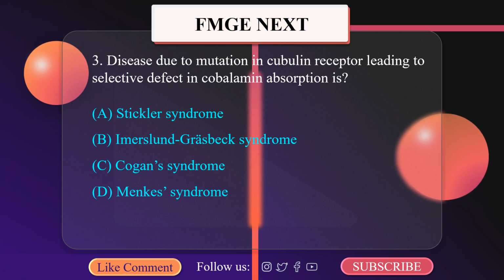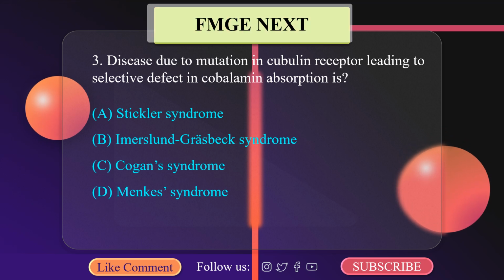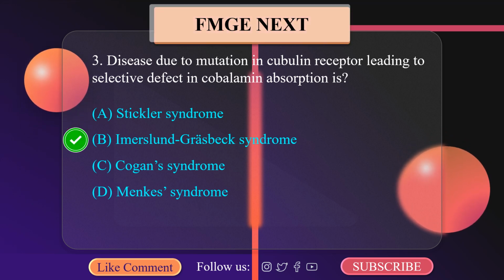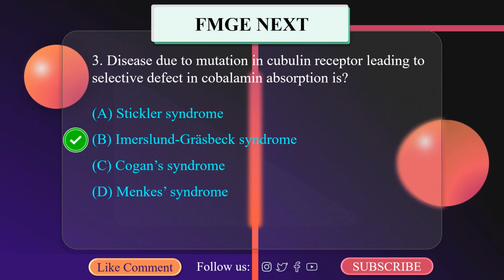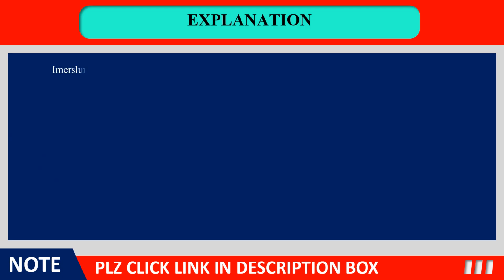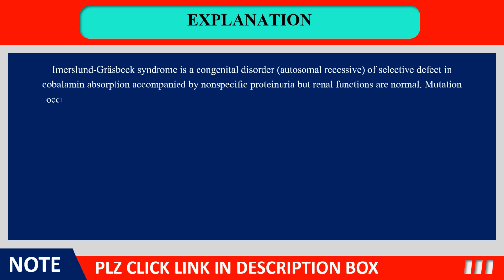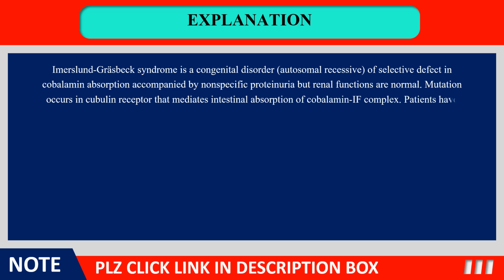The disease due to mutation in tubulin receptor leading to selective defect in cobalamin absorption is B. Imerslund-Grasbeck syndrome. Imerslund-Grasbeck syndrome is a congenital disorder, autosomal recessive, of selective defect in cobalamin absorption accompanied by non-specific proteinuria, but renal functions are normal.